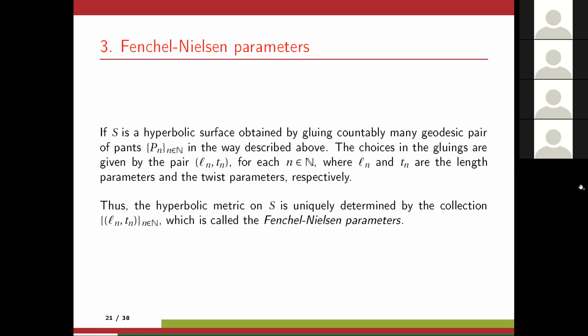When you put together all these pairs, you define a collection of these pairs of length and twist parameters. This collection is called the Fenchel-Nielsen parameters, and this family is associated to a hyperbolic surface obtained by gluing countably many geodesic pairs of pants. This is the Fenchel-Nielsen parameter. Now I'm going to introduce the definition of a flute surface.